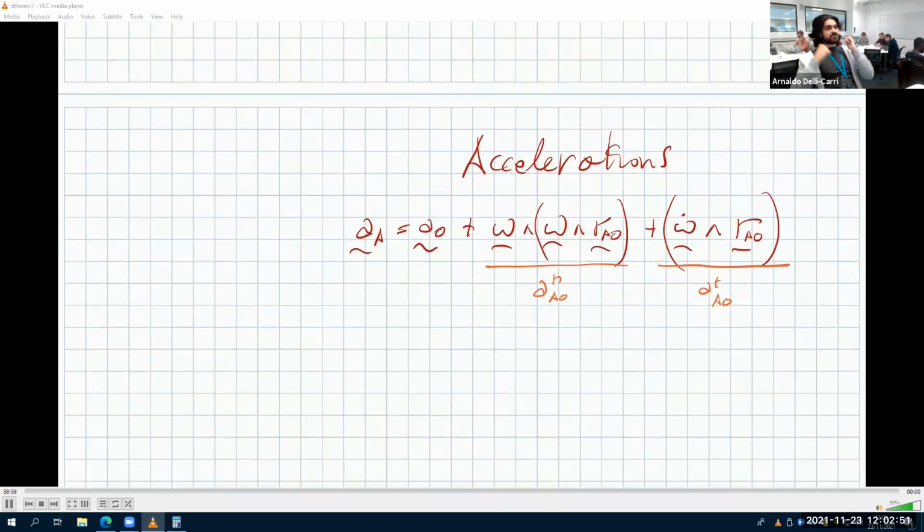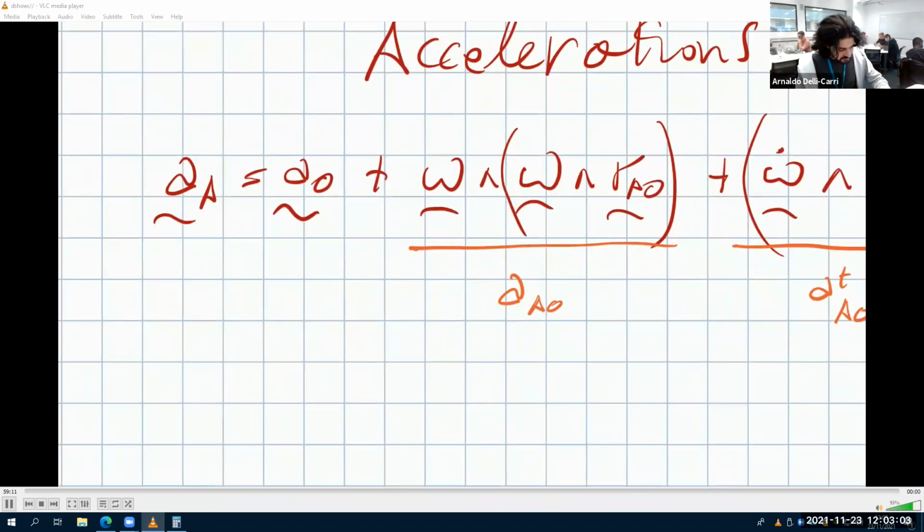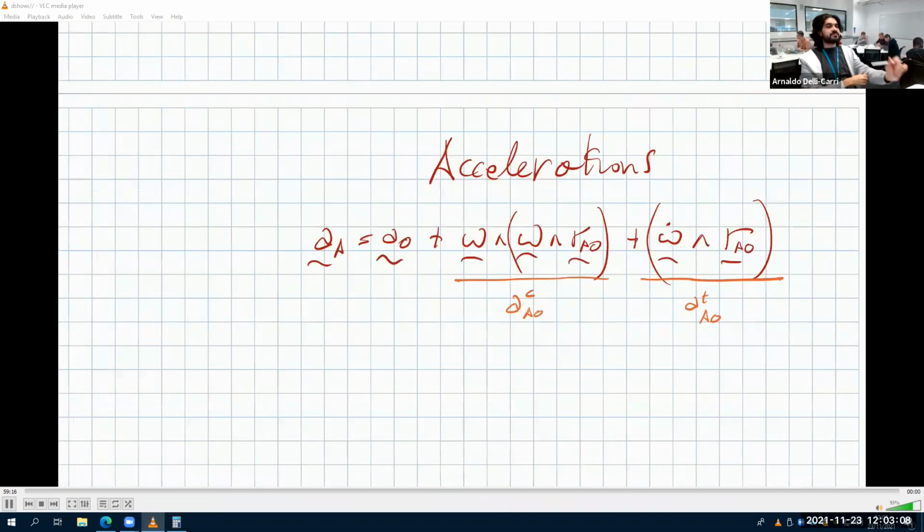So this is for accelerations, and we just have 3 terms instead of 2. It's a bit more complicated, but not too much. This one is called centripetal acceleration, rather than normal acceleration; it's the same. This one is parallel to AO, but with the point in O instead of the point in A, and this one is perpendicular to AO.